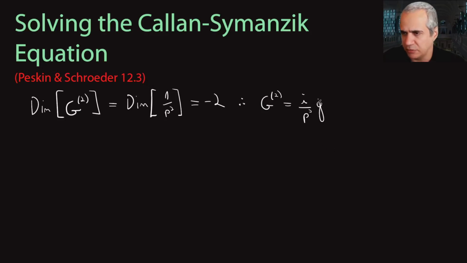I'm calling this function g, but which is for sure a function of p squared over m squared, and this minus is just convention.